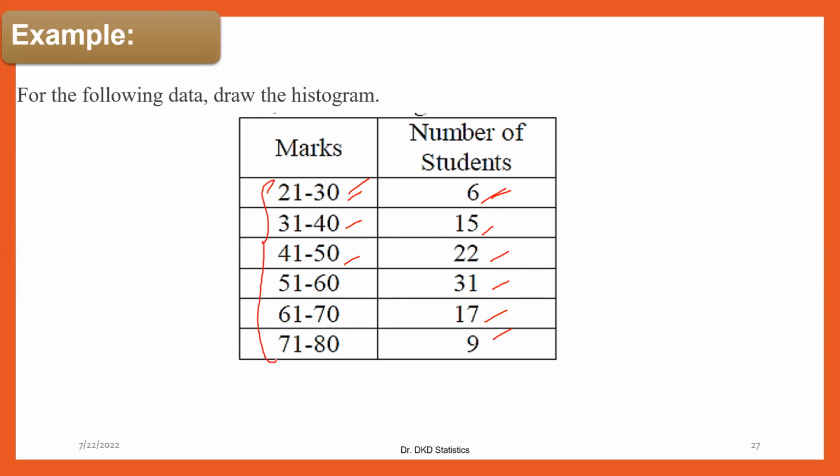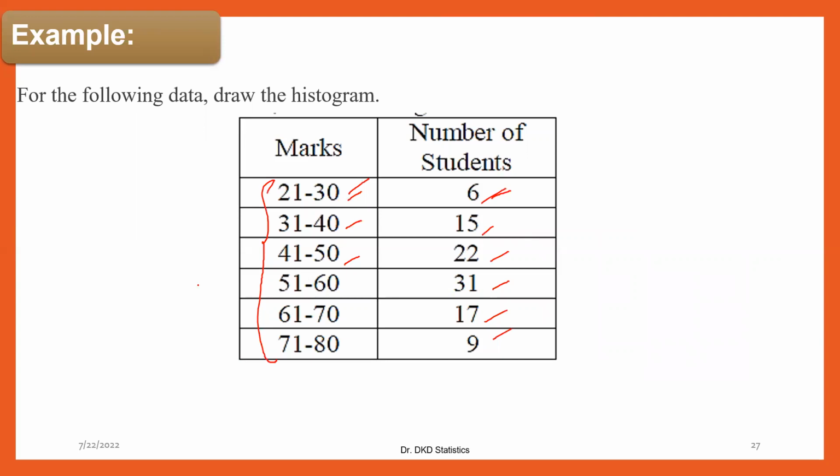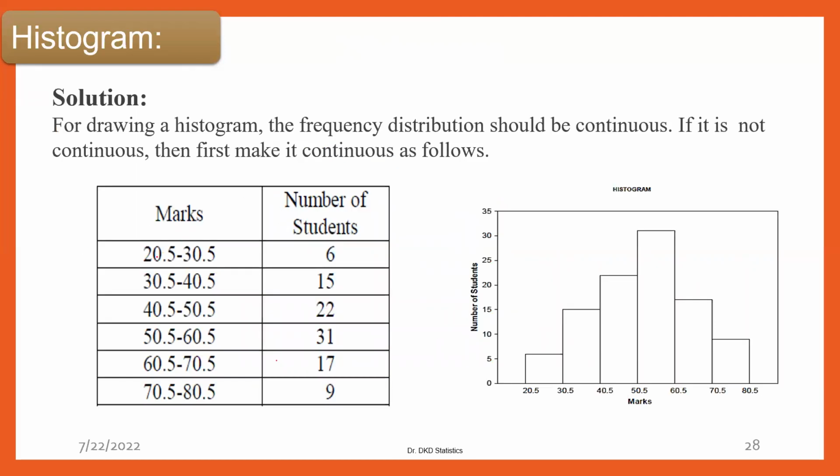For that, first of all we need to create a continuous format like this. See this data. We find the difference between this upper limit and the next class lower limit, which is 1, divided by 2.